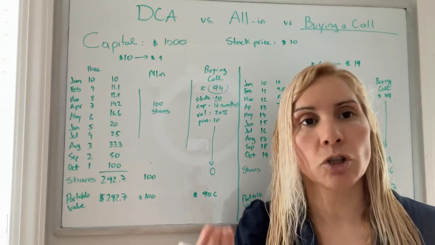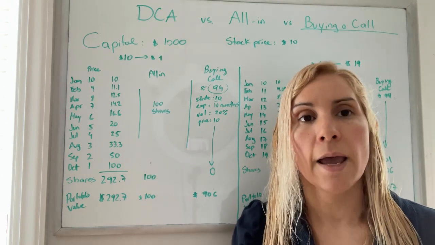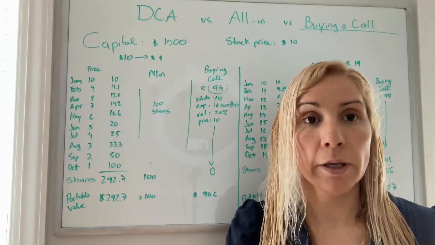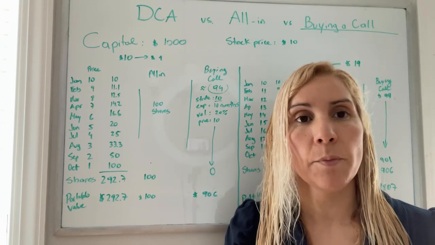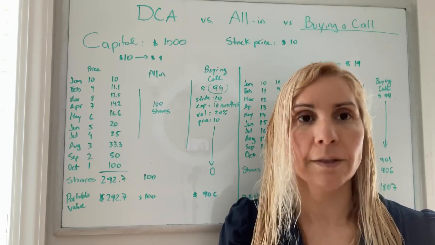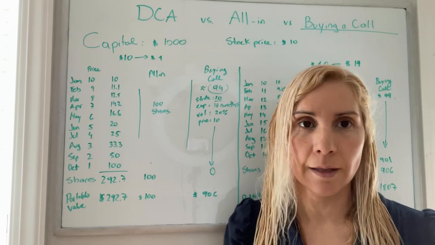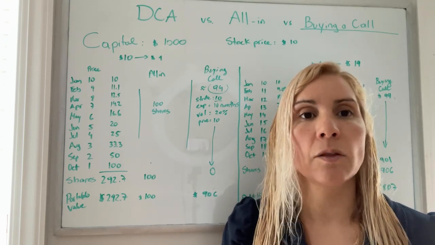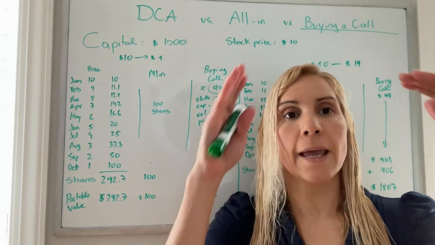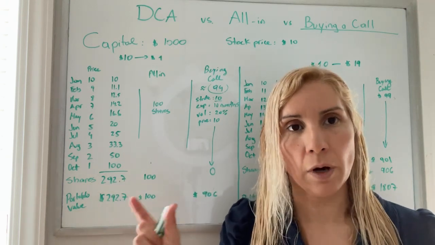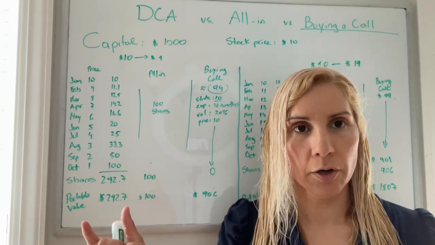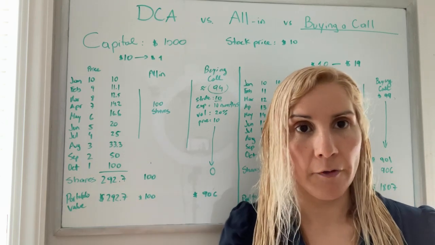Since we now own 292 shares and the stock price is currently trading at $1, that basically means that our portfolio value is now approximately $292. So again, we started with $1,000 and now we're all the way down to $292 for that portfolio value.